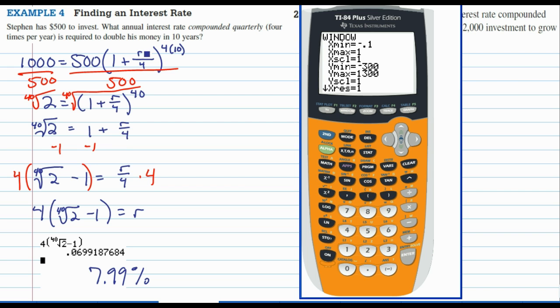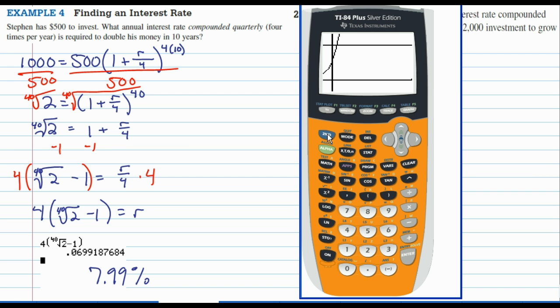Remember, your x this time represents your interest rate, and your interest rate isn't going to be higher than 1, because 1 is 100%. So my x-min is -10%. My y-min is going to be -300, and my y-max was 1,300, just because I was looking for a y value of 1,000, so I made it 1,300 so that I could see that.